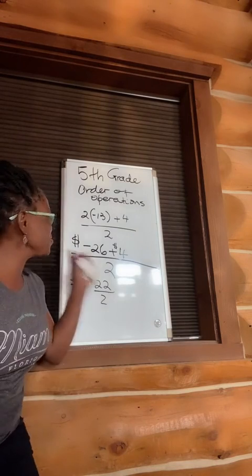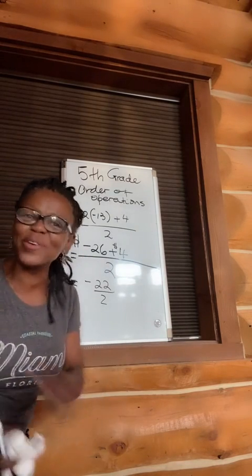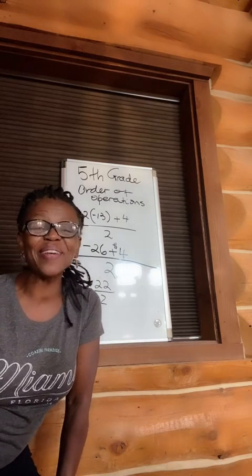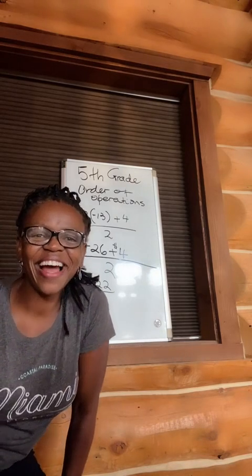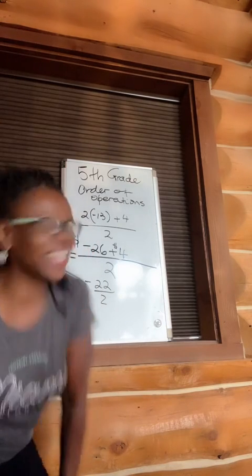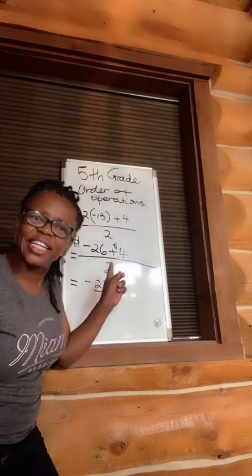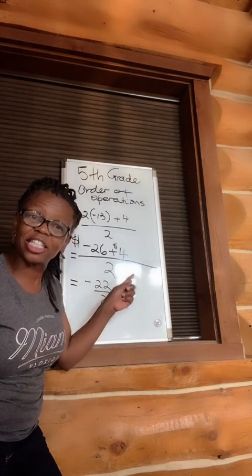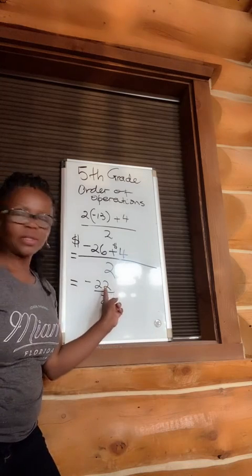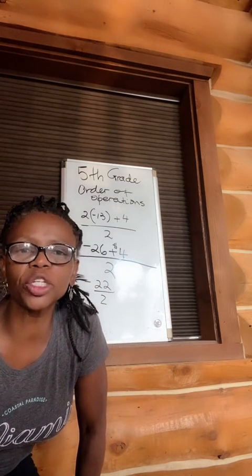When we use money, my students always figure it out so quickly. It's easier when you're thinking about money. You're adding 4 to the negative, and it's a negative bigger than 4. Did everybody get 22? Negative 22?